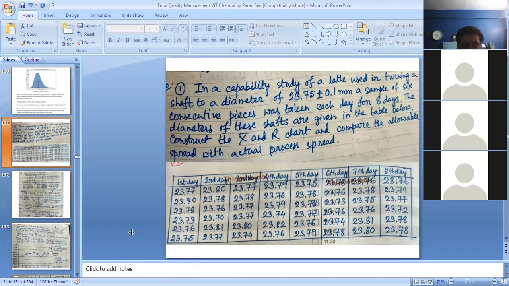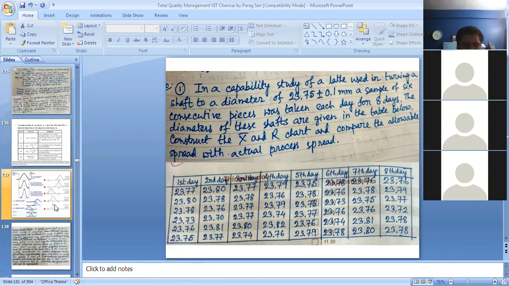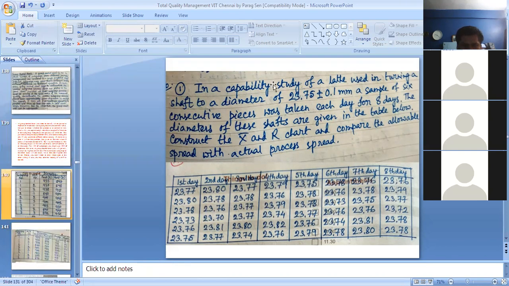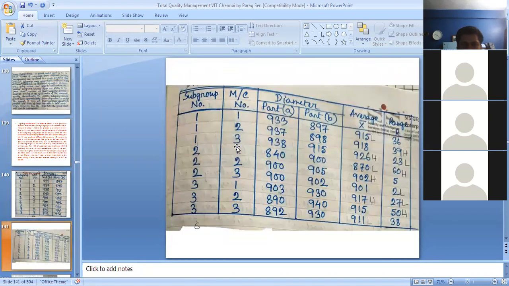So you are using different lathe machines, and you get these numbers 1, 2, 3, which are machine numbers. And subgroup means shift, basically, in this case. For example, these three machines you are using for the first shift, these three machines for the second shift, these three machines for the third shift, like that.